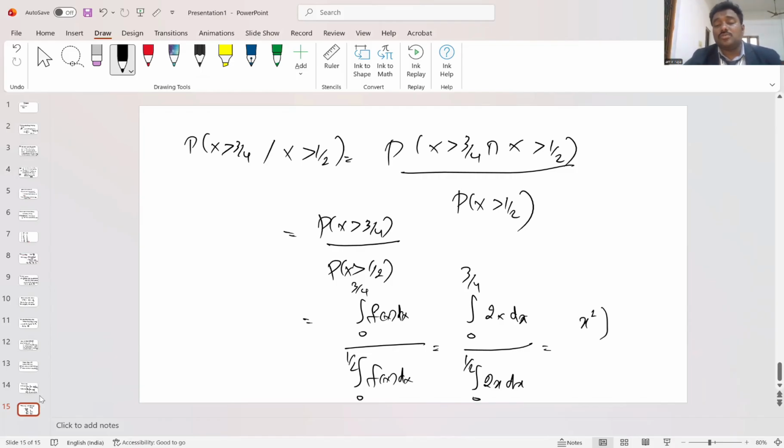So here I have x square from 0 to 3 by 4. And again I have x square from 0 to 1 by 2.